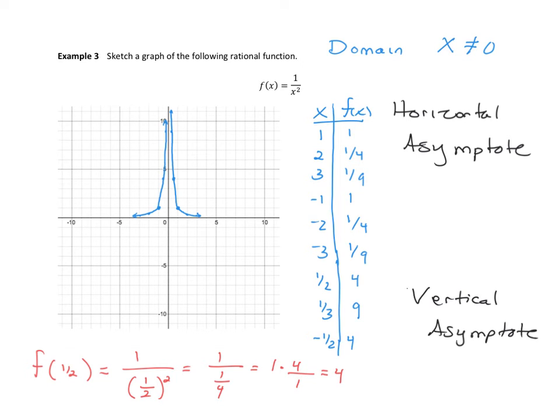And these are exactly the same as the ones with 1 over x. y equals 0 is still the horizontal asymptote, so I'll put that here. And the vertical asymptote is still x is equal to 0, which is right here. So there's a lot of similarities. The domain's the same, the asymptotes are the same, but the big difference is, if this is an even exponent, this side won't have negative y values, but you'll have positive y values.